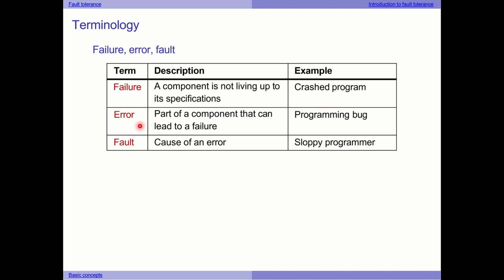Then we have error, which is only part of the component that can lead to a failure, for example a programming bug. It will not make the system stop operating completely, but it is only part of the component. And lastly is fault. Fault is the cause of an error, for example the programming bug happened because of a sloppy programmer.